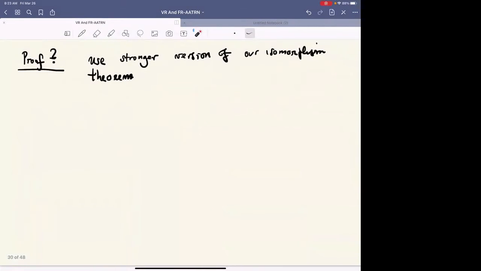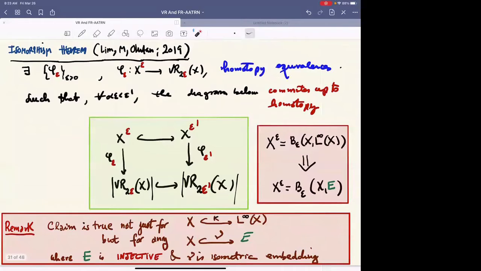So how did we prove this? Well, here's one idea. As I mentioned before, our isomorphism theorem holds true not just in the setting when you define thickenings to be those that take place in L infinity, but the theorem holds true when you choose any other ambient space E which is injective.